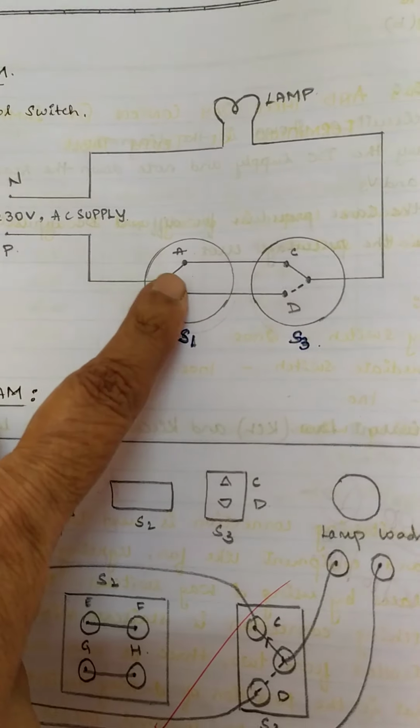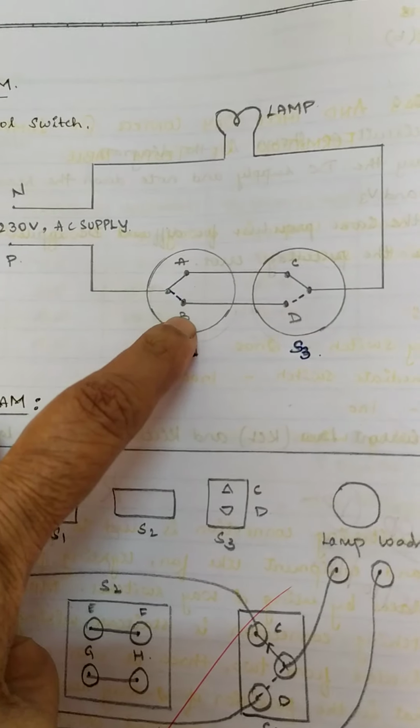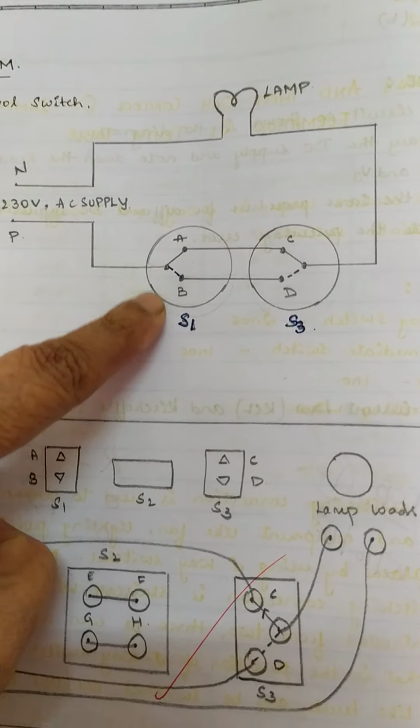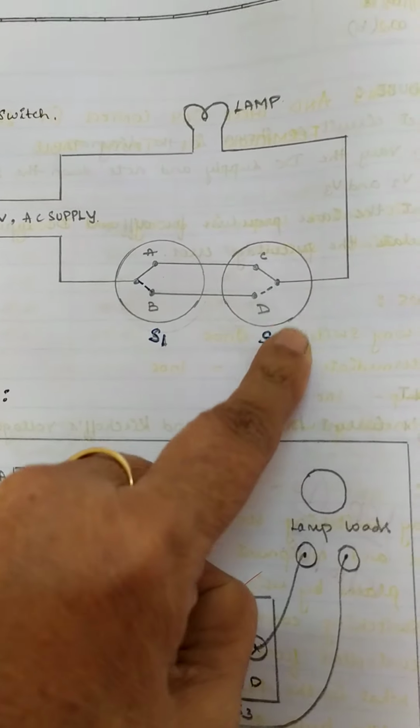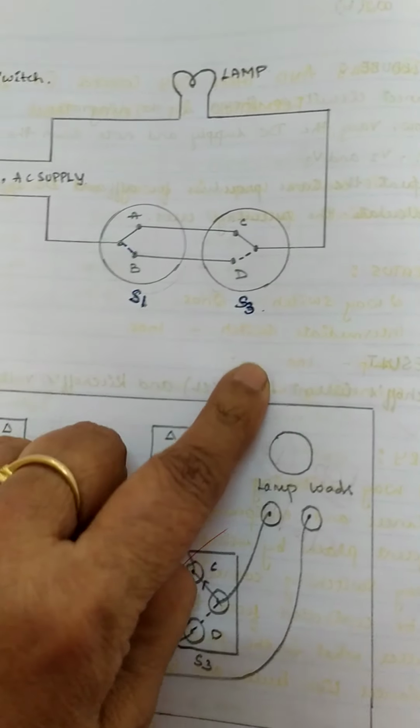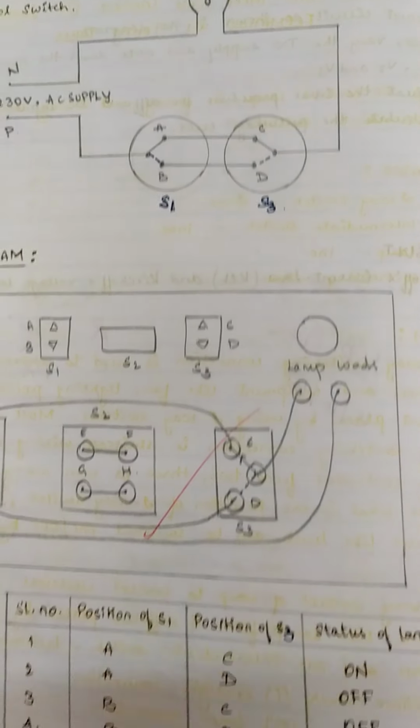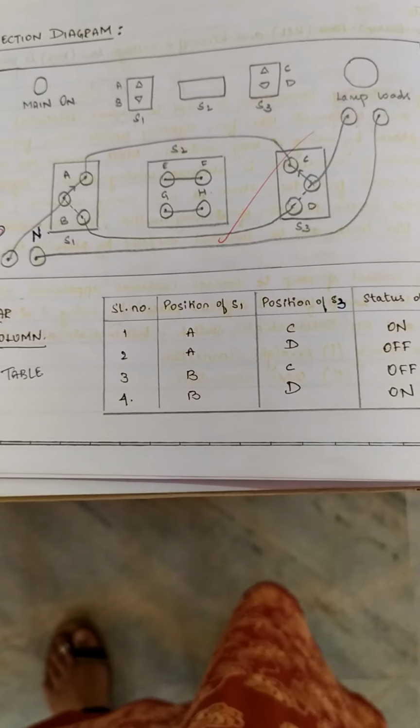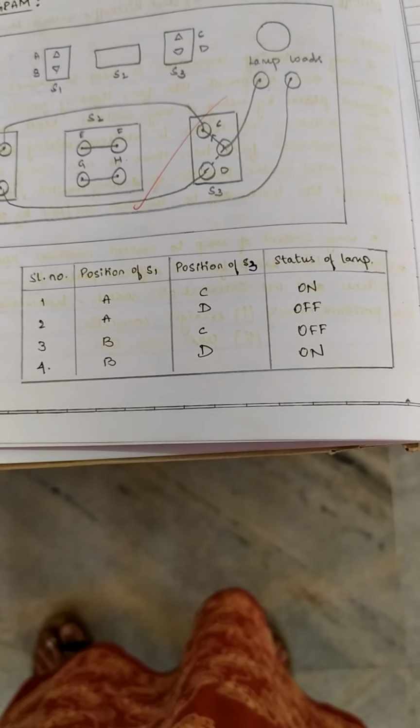So like that we have four conditions, that is four positions, two for switch S1 and two for switch S3, which will be on and off according to the truth table given like this.